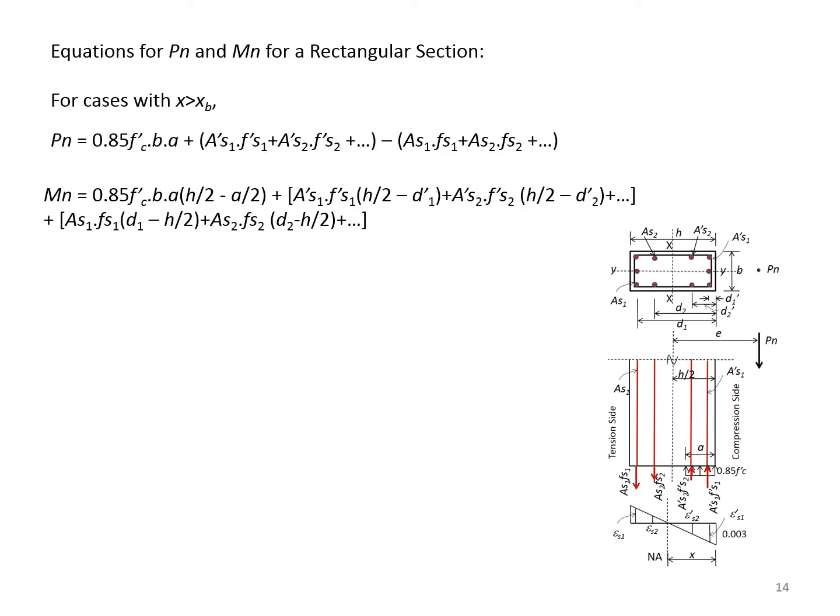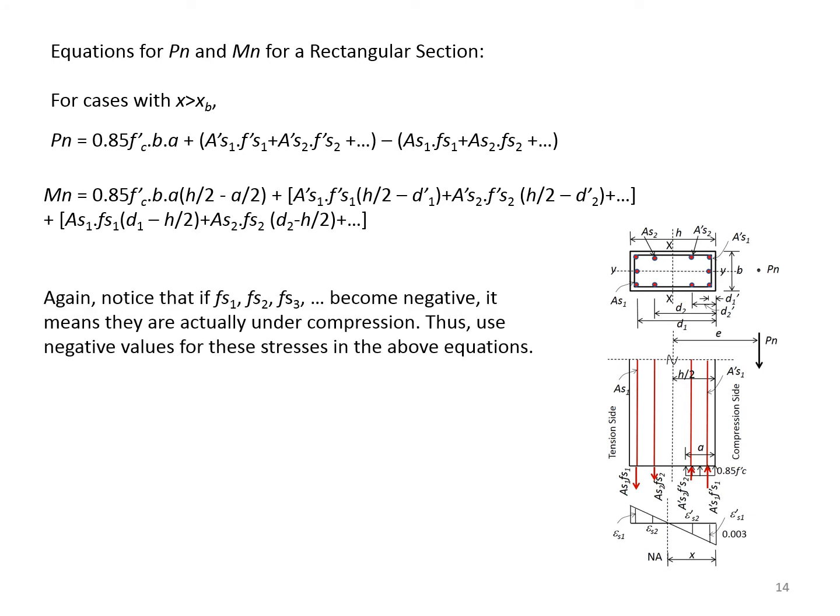Equations for Pn and Mn for a rectangular section. These equations are for a case of x larger than xp. Pn and Mn are given based on the equilibrium of forces as shown to the right. Notice that if Fs1, Fs2, Fs3 become negative, it means they are actually under compression.